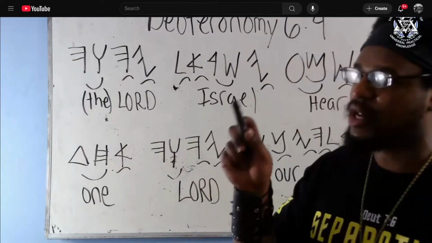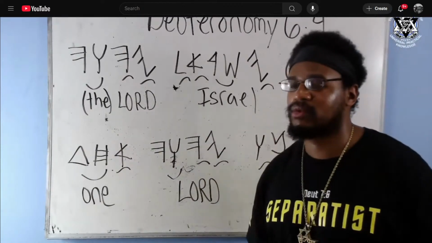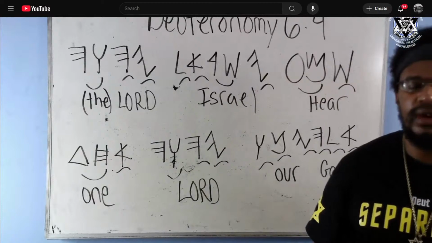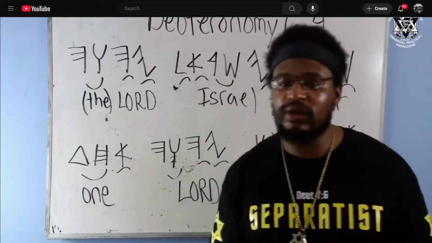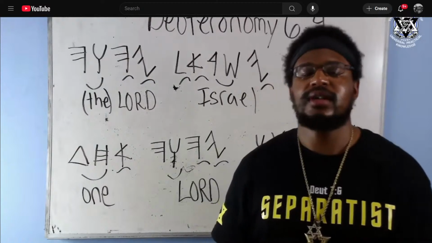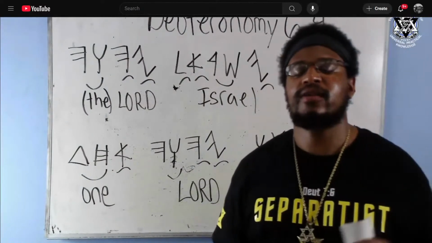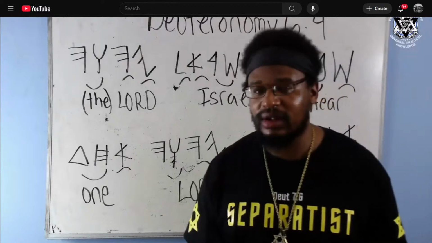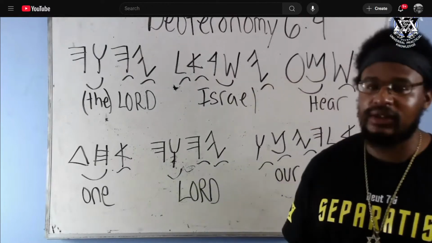Give me Judith chapter 5, verse 20. Judith 5 and 20. Because the heathen know this as well. The heathen know that if we disobey the Lord, they will have an edge, an opportunity. They will have the advantage.